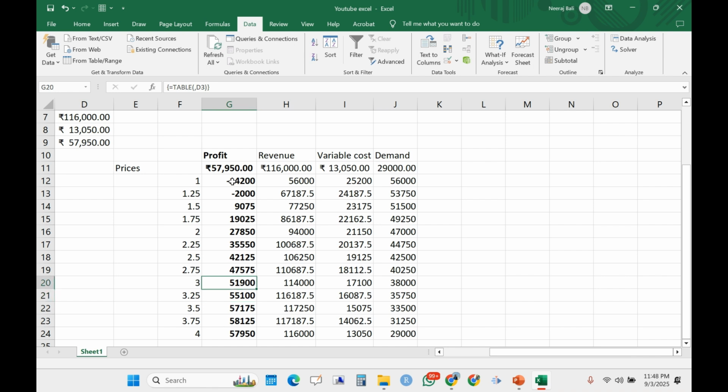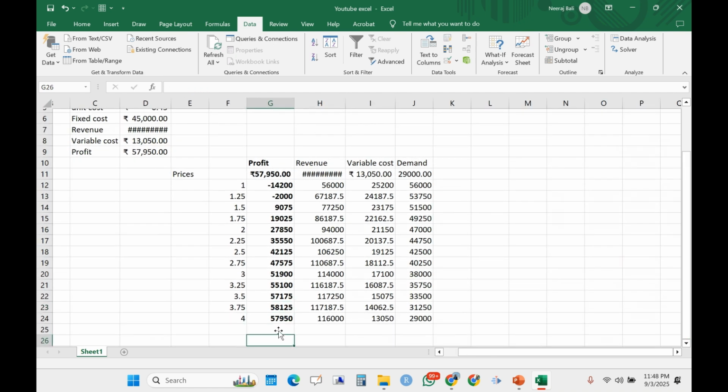Slowly we are increasing the price, still the profits are increasing, so we are happy. At 3 our profit is 51,900, at 3.25 it is 55, at 3.5 it is 57, at 3.7 58, and suddenly the profit declines over here. So how much is the highest over here?